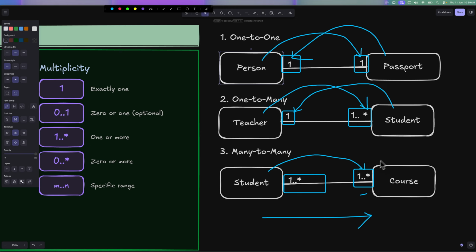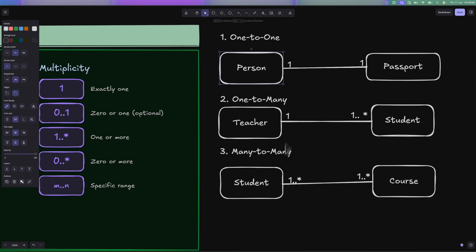One dot dot star means one or more. Similarly, one course can have one or more students. If you are reading from right to left, let's say from student to teacher, then you have to take this.